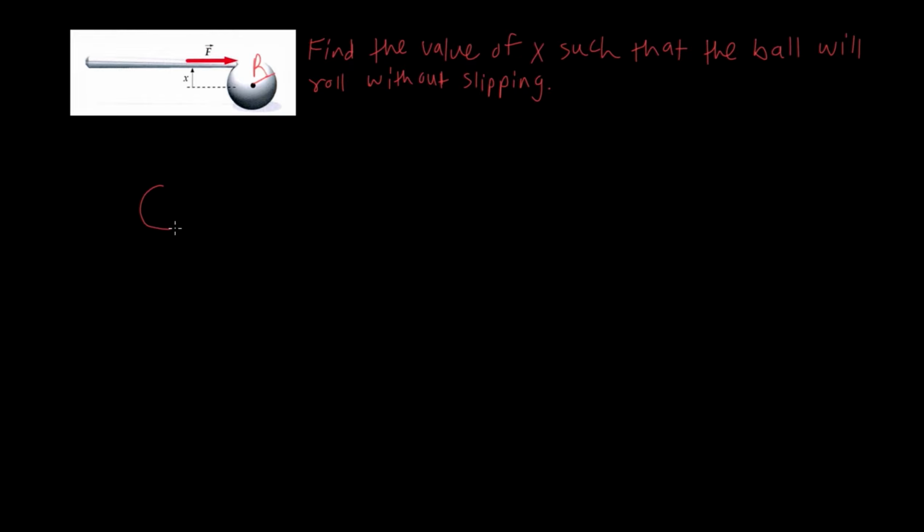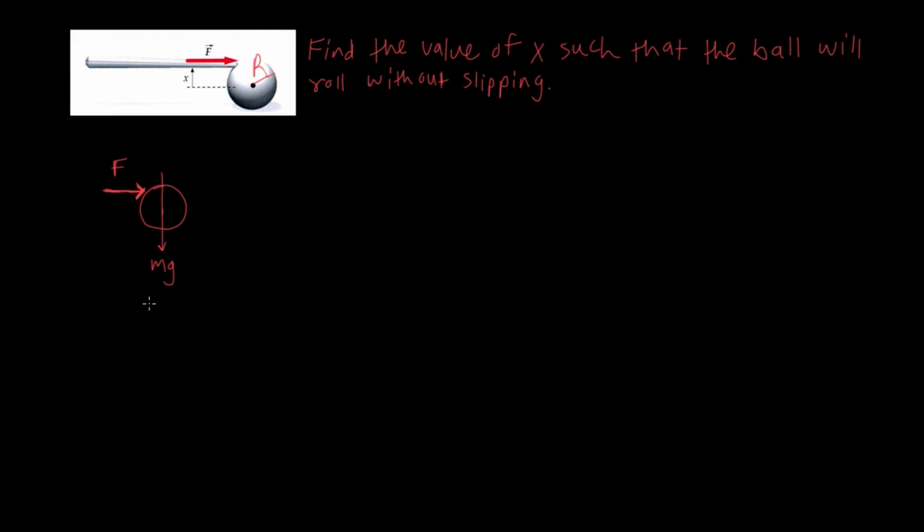So let's draw a free body diagram of the ball with all of the forces acting on it. This is the force F caused by the stick, and we're denoting that force with a capital F. And acting through the center of mass of the ball is the weight force, and it points straight down.